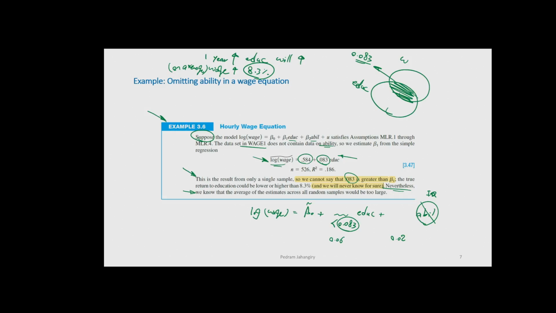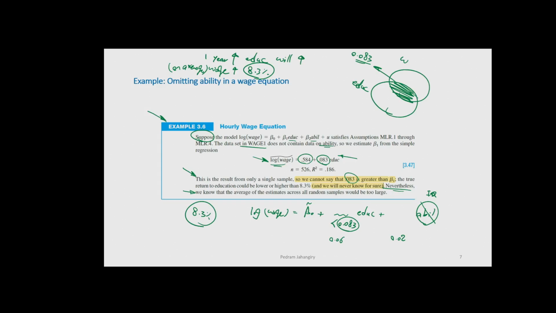This number, 8.3, is positively biased. It's too large because it is somehow summarizing the effect of ability on wage as well. If I put back that effect in the model and control for it, the net effect of education on wage is going to be less than 8.3. That's the takeaway from the bias.